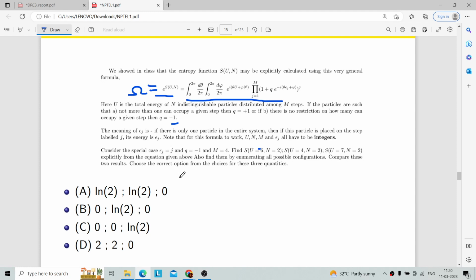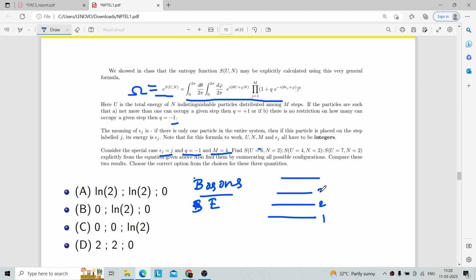And for this question we are given q equal to minus 1, that means they are bosons. So they will follow Bose-Einstein statistics, Bose-Einstein distribution. And m equal to 4, that means I have 4 energy levels, and each energy level is J. That means first is 1, second 2, 3 and 4, right?